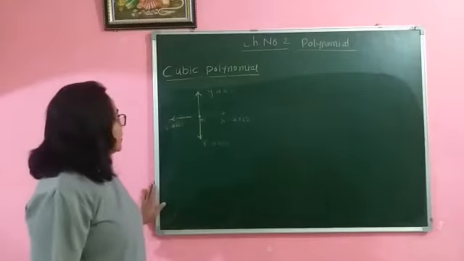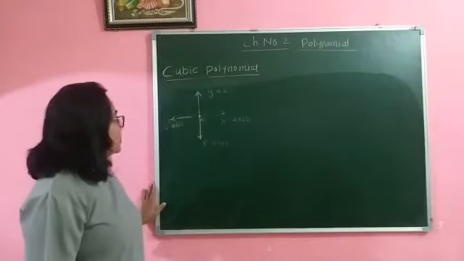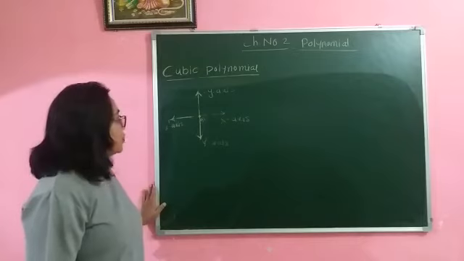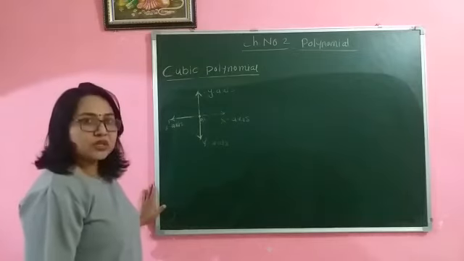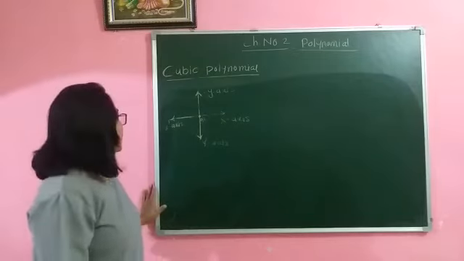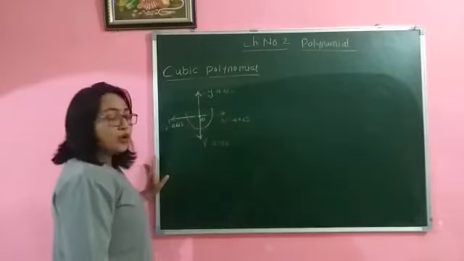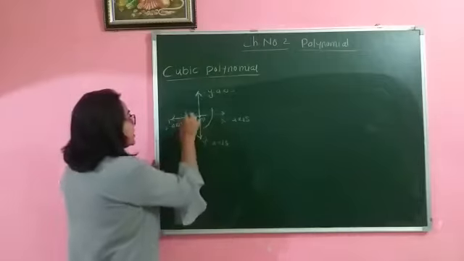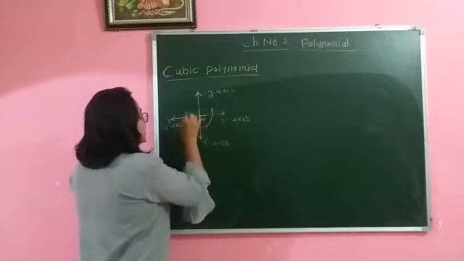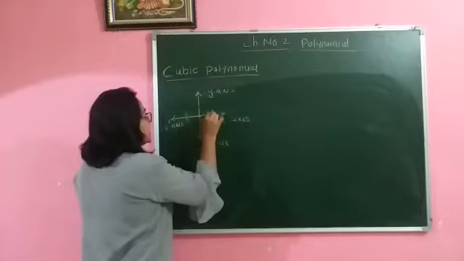Now, how to talk about the zeros of a given polynomial? Suppose the graph is given like this. How to decide? Just check. This graph is intersecting the x-axis at 2 points.